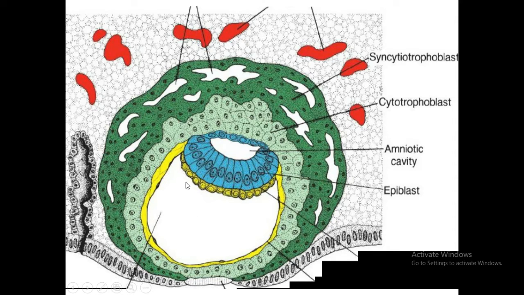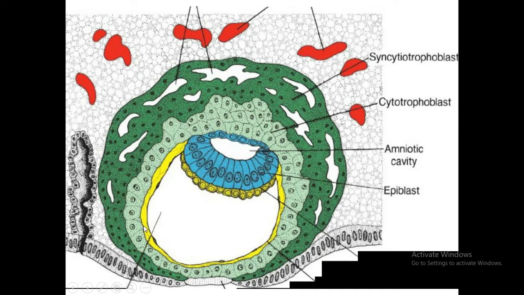Now, formation of Heuser's membrane, or exocoelomic membrane. How is it formed? Some cells from the hypoblast migrate inside and form Heuser's membrane. Again, Heuser's membrane is formed by cells derived from the hypoblast.